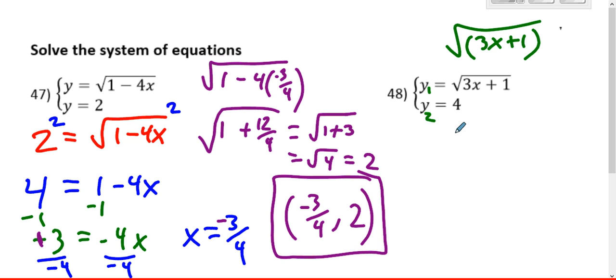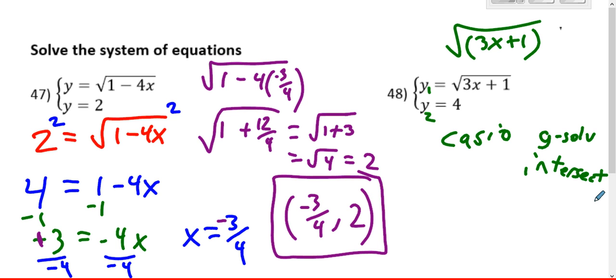So on a Casio, the window has to show you where the lines cross, but then you can go G-solve, and you're finding the intersection. So you type them in as y1, y2, and then on Casio, you do G-solve intersection. And if you had a TI, it's pretty similar.